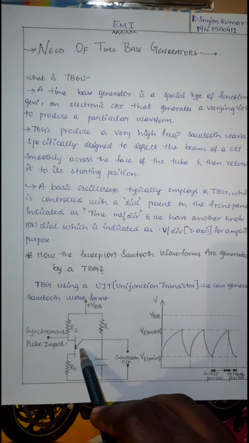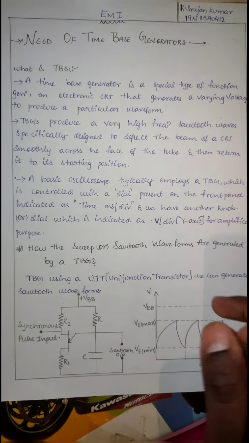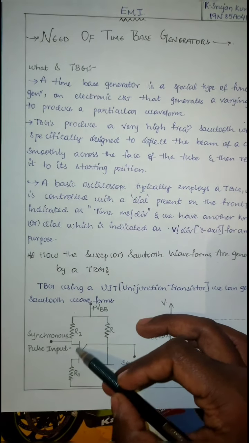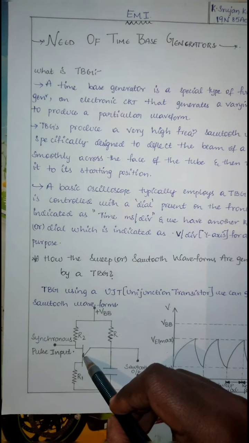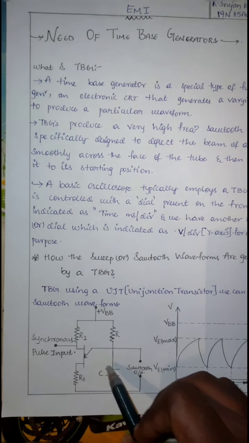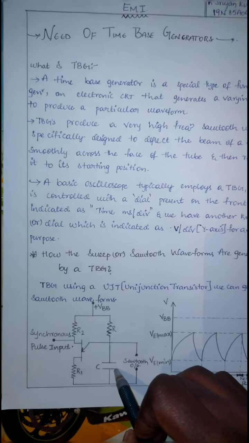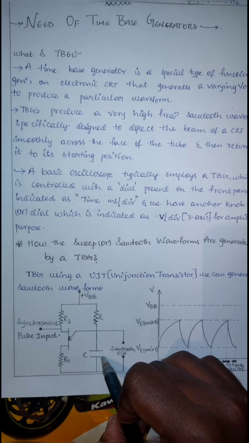When this voltage reaches its maximum, that is VE max, the base 1 junction of the UJT will enter forward bias and the UJT will turn on. On the conduction of the UJT, the capacitor discharges slowly and reaches its minimum value VE min.